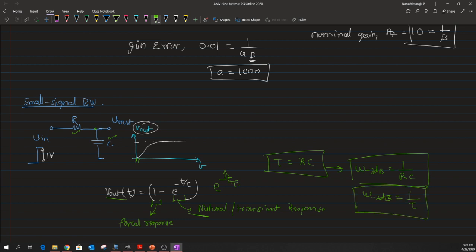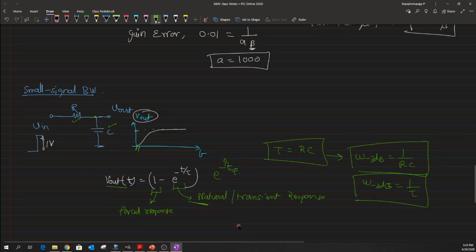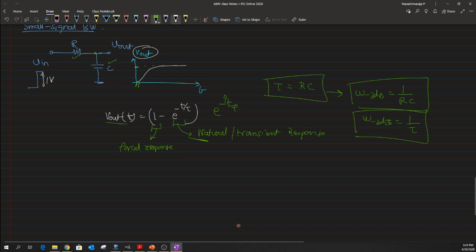And as a frequency response, if you could see the magnitude of Vout by Vin written here, with omega on the logarithmic scale, initially the gain is at a value of 1, but after that I'm just talking about the 3 dB frequency.